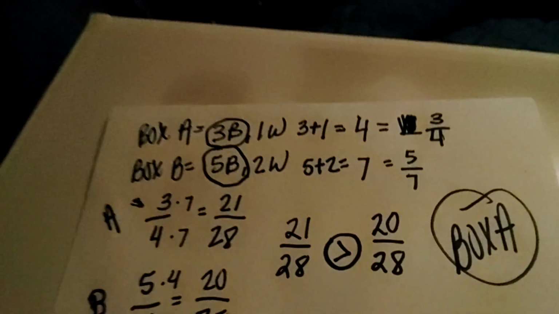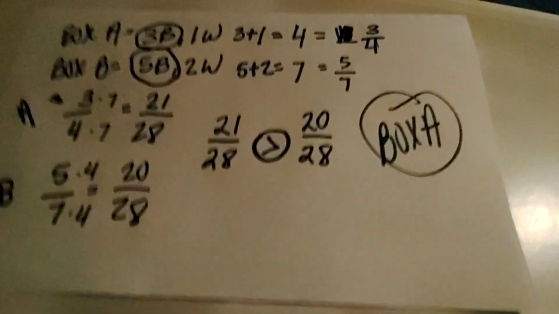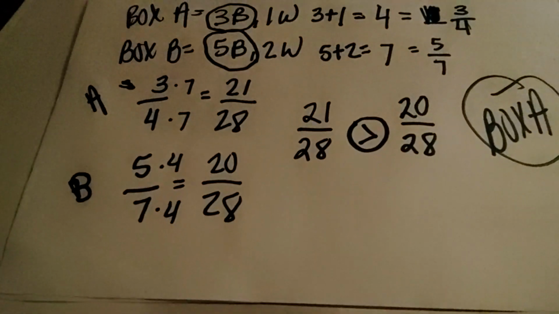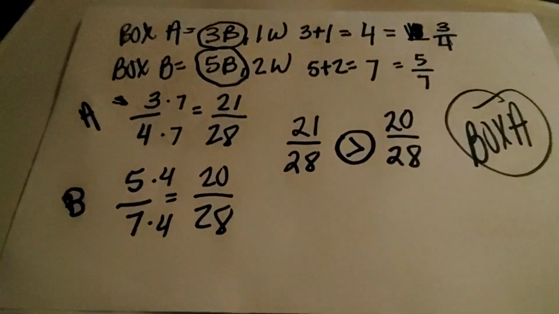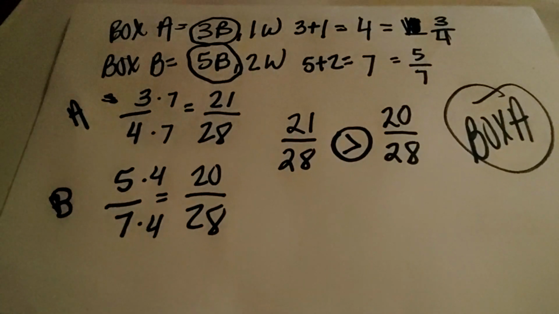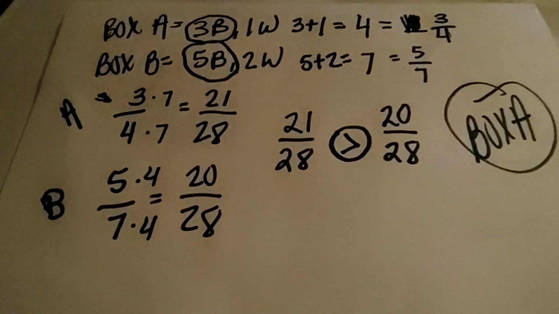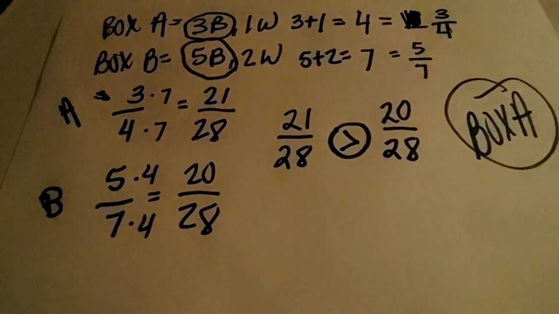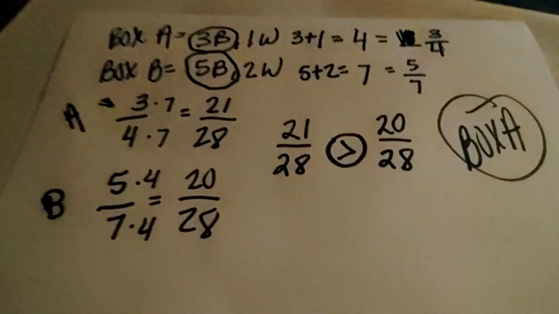We can't always just read the question and automatically think, oh, that's it. It might not be what you think. So it's always best in math to work out your problems from step 1 to the last step.